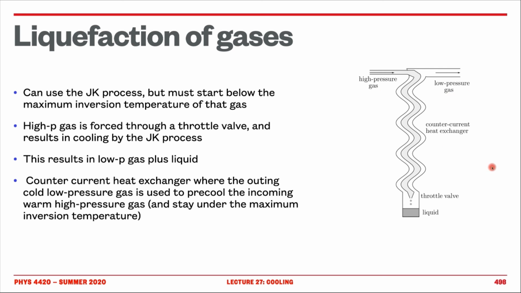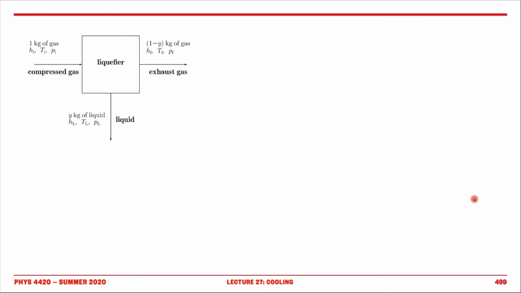I'm not going to insist too much on this. The point remains that you can liquefy and go all the way down to the critical point on the graph I showed on the previous slide, and end up with liquids. The idea is to expand the gas from a high pressure to a low pressure. This is how you do the liquefaction of gases.